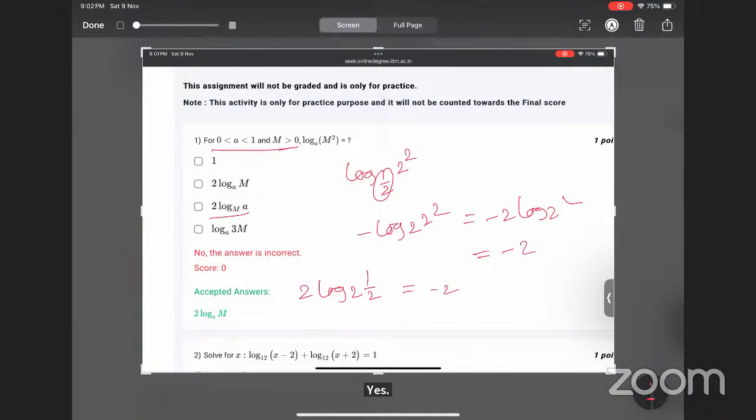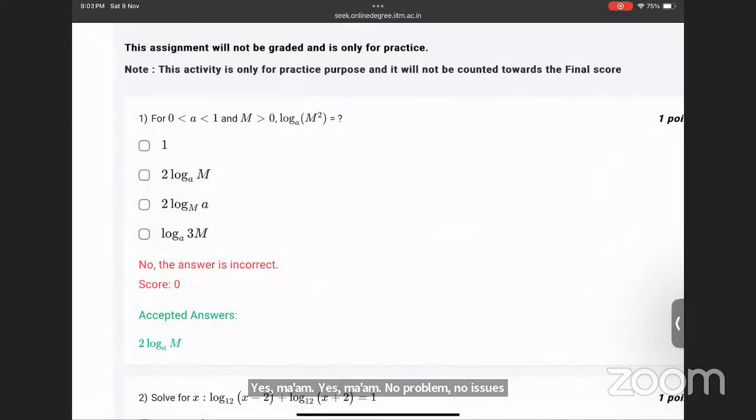You can find it for some specific values, but if you are concluding it as a result in general, then it should be true for all the values in the domain. Yes, ma'am. No problem, no issues. Even I thought the same, and I just left it.